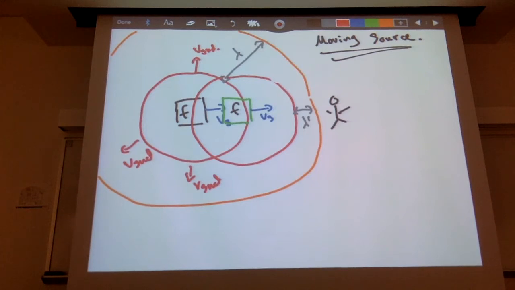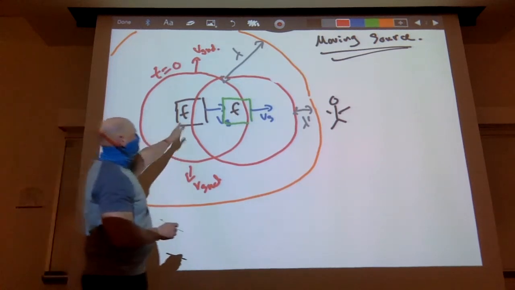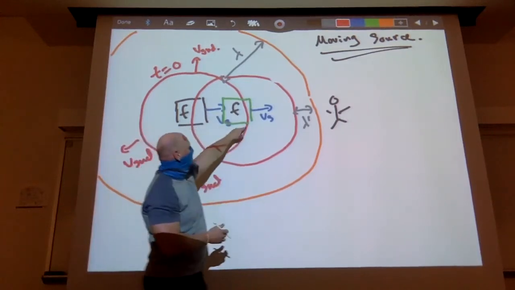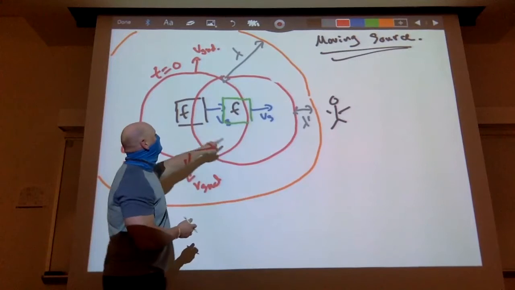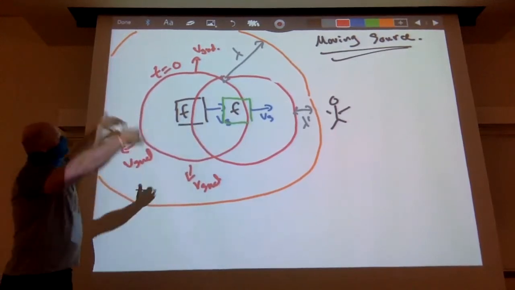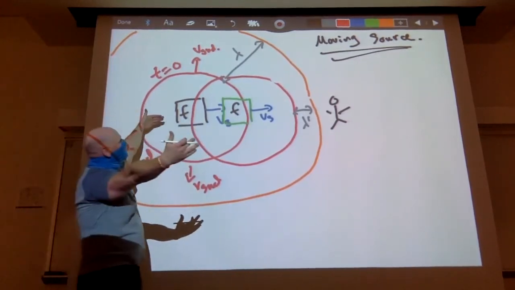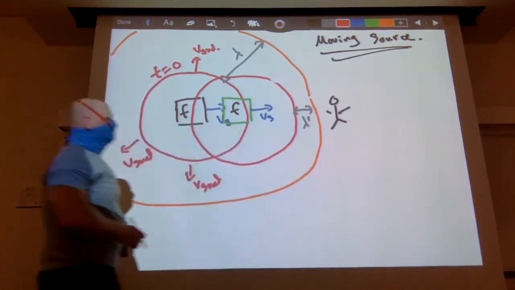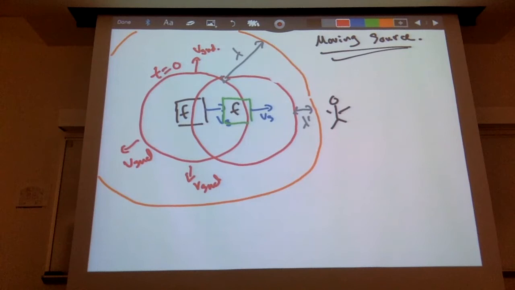So this is where it is at t equals 0. Now, the car is going to move forward, and as it moves forward, it still gives off that same wave pulse. But this wave pulse has moved, because it continues to move out at the speed of sound, and it has moved to where the orange is.